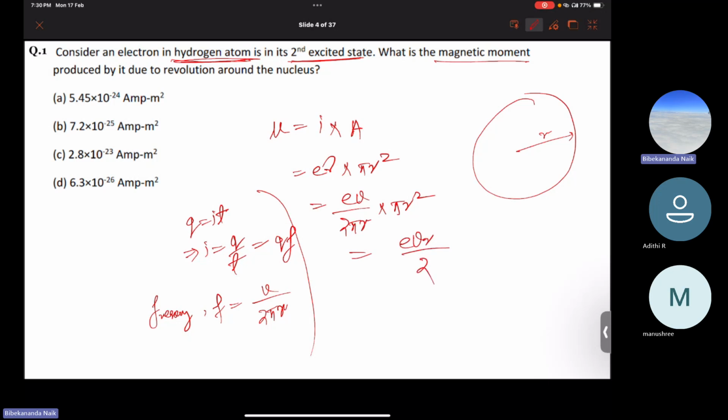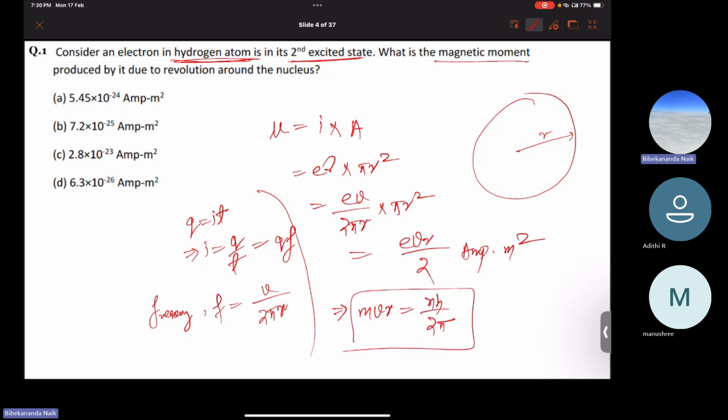And if you talk about the unit, if you take SI unit, then it is ampere into meter square. I into A is area. But according to Bohr's theory, we know the electron can revolve only in that orbit in which its angular momentum is quantized. And the quantization of angular momentum is mvr equals nh by 2 pi.